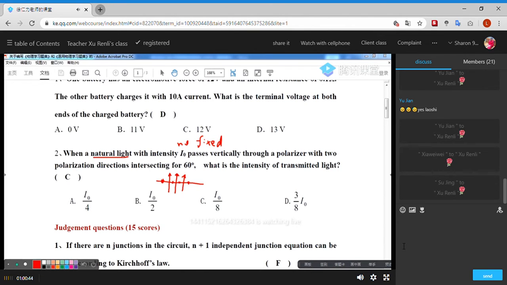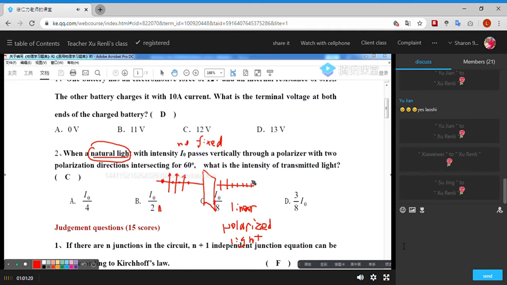This is called natural light. When this natural light passes through a polarizer, it becomes a linearly polarized light.